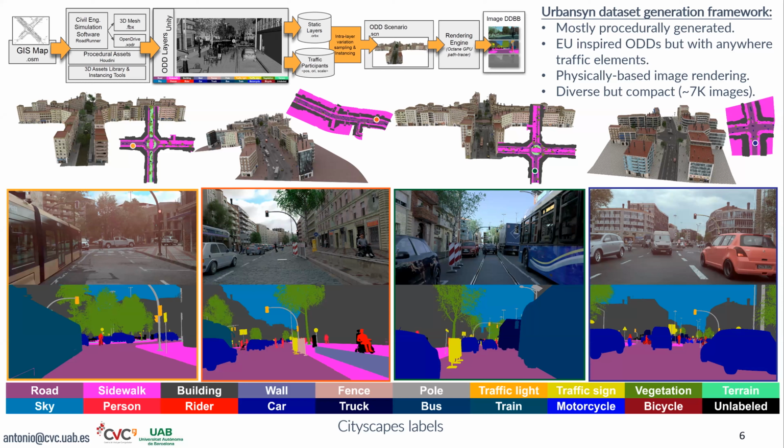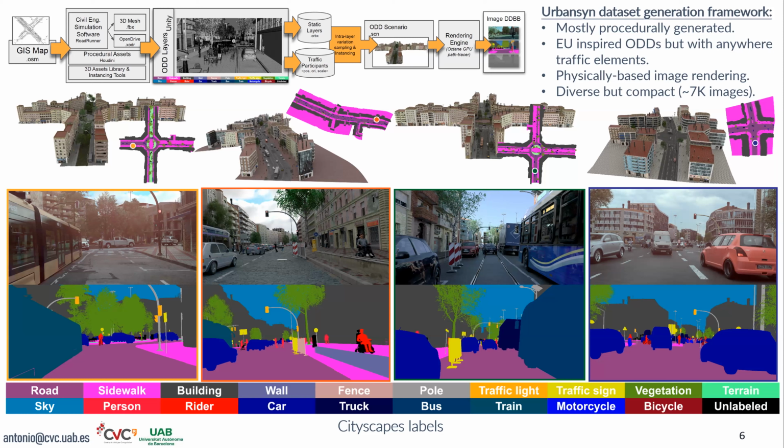So we were not particularly adapting this dataset to any real-world dataset, we were just inspired by some streets around Barcelona or around European cities, and also incorporating maybe in one street traffic signs that are from the US, or in another street from Europe. We didn't care too much because this was for static images.